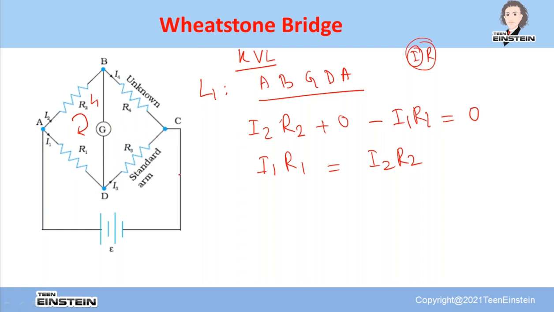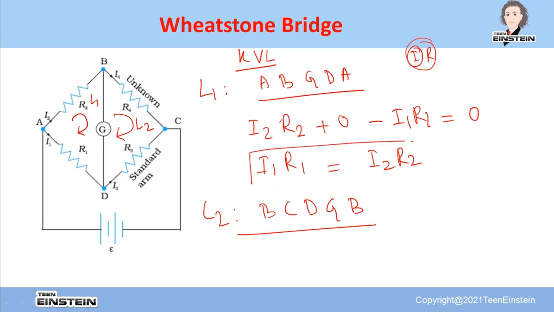Similarly, if I consider another loop, this one, suppose this is loop L2. I am going from B to C, C to D, D to G, and coming back to B. We got equation number 1 from the first loop.